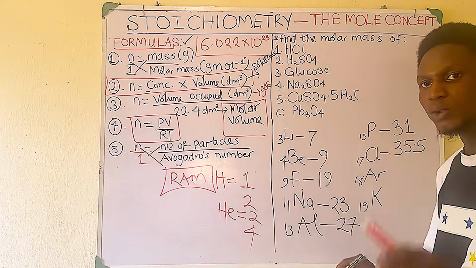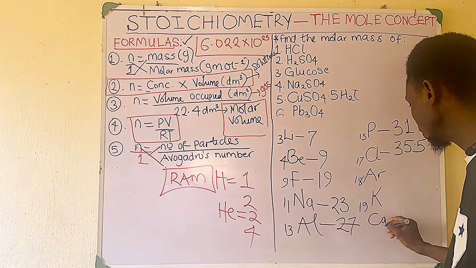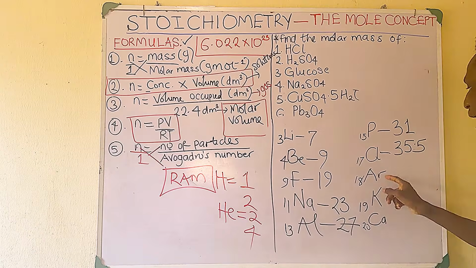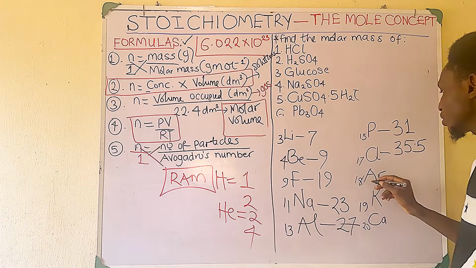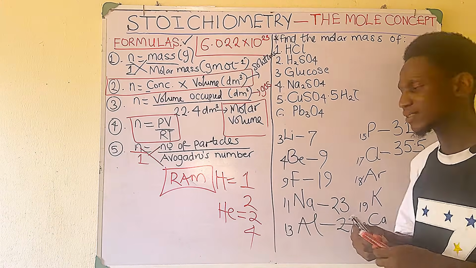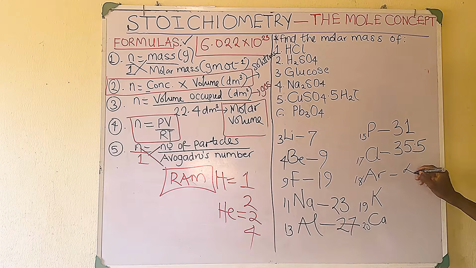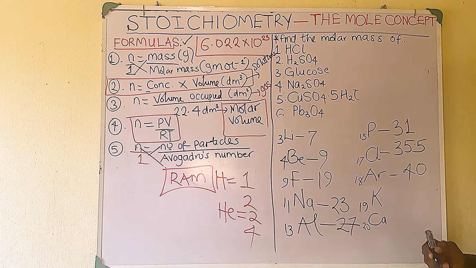I want to include calcium because I want you to learn something, which is 20. Now, argon is not 18 times 2, which is 36. Argon is having 18 times 2 plus 4, giving 40.